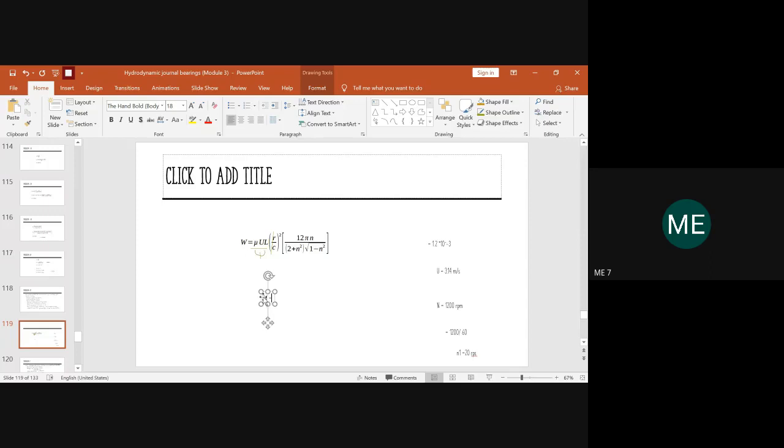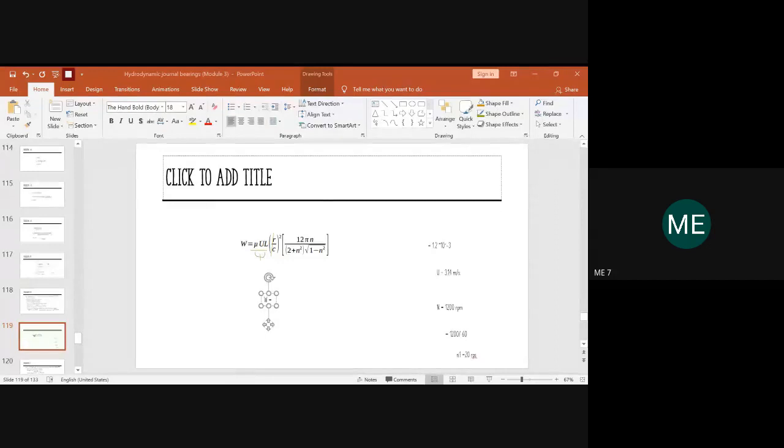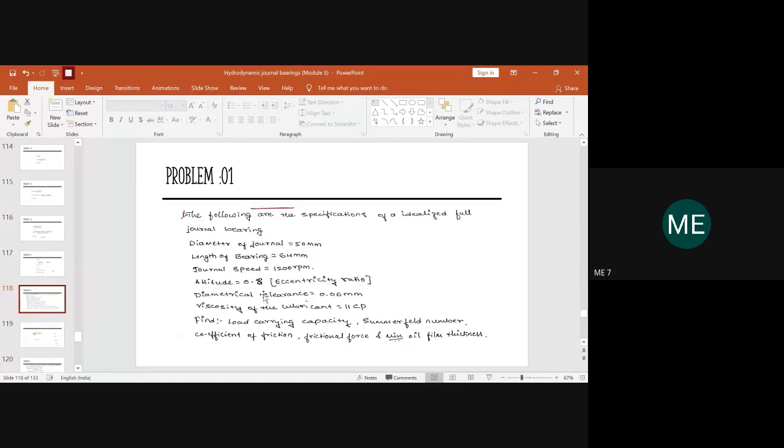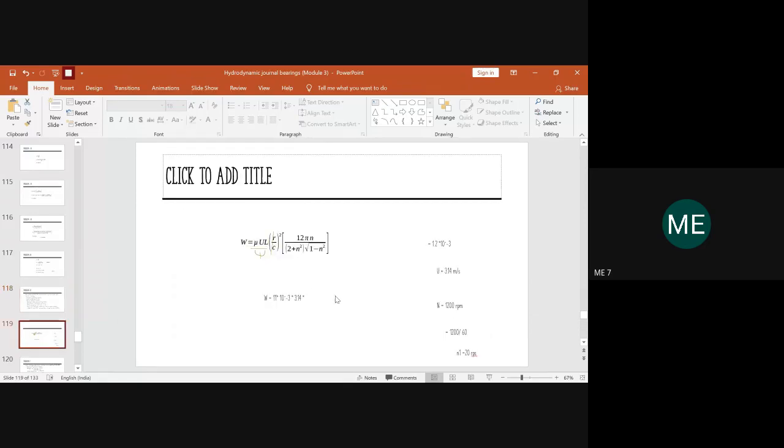Finally, the value of W. It is 11 into 10 to the power of minus 3 into U is 3.14 into length of the bearing is 64 into 10 to the power of minus 3.